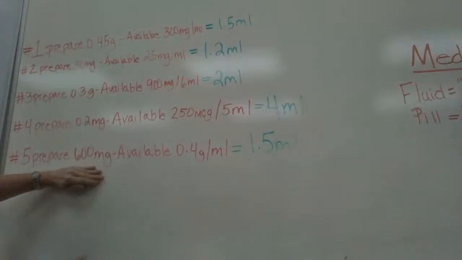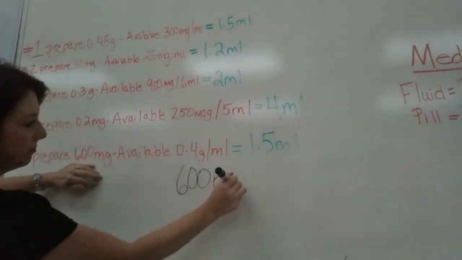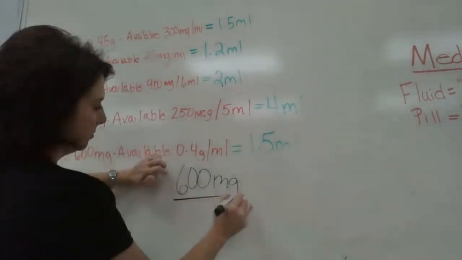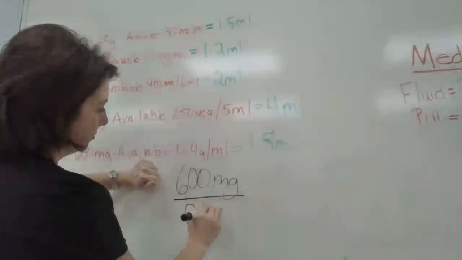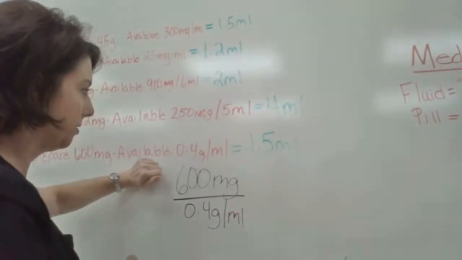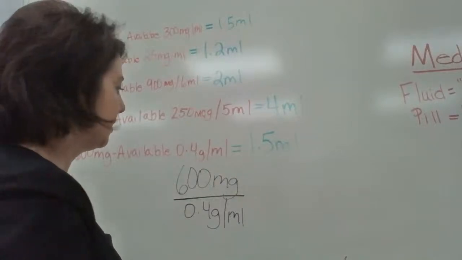We need 600 milligrams. So 600 milligrams. We have available 0.4 grams per ml. This one's a little bit trickier because then we have the gram on the bottom versus the milligram.